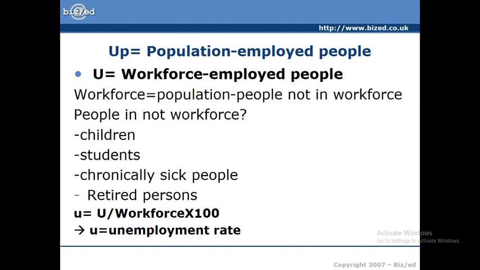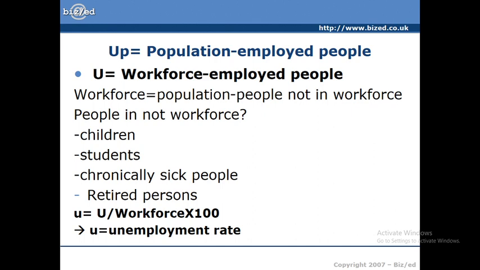Okay. So unemployment in real economic terms is equal to workforce minus employed people. In economic terms, you take into consideration all the people who are in the workforce, which means they are able to work and seeking a job at the prevailing wage rate. This is called the workforce.